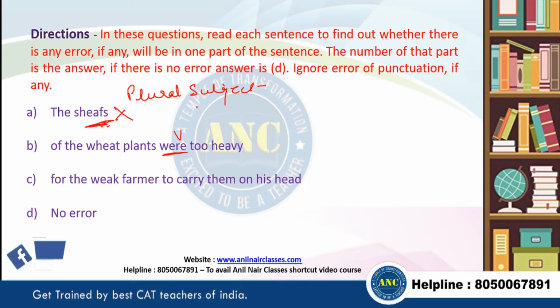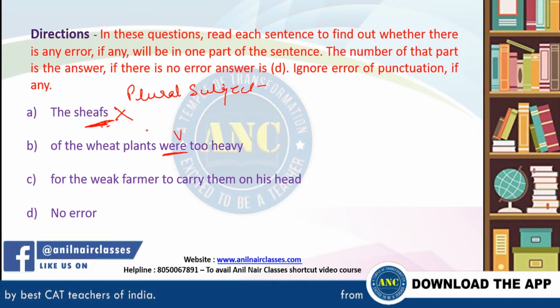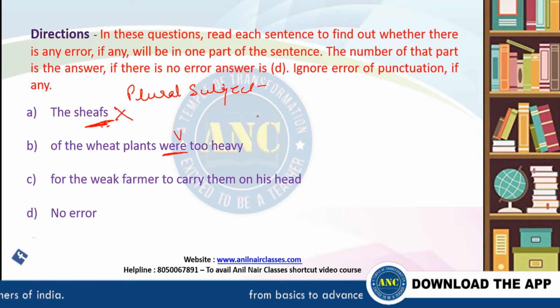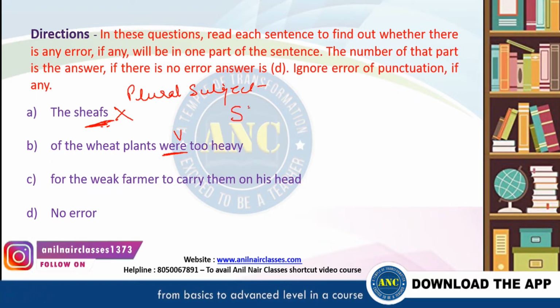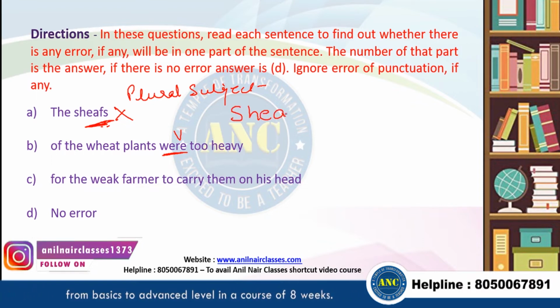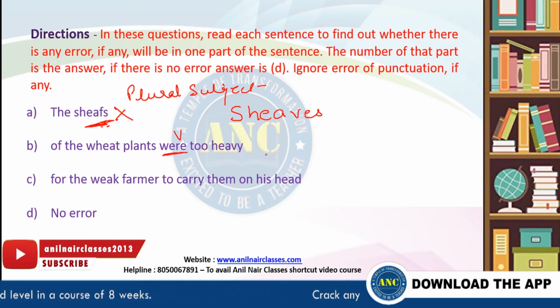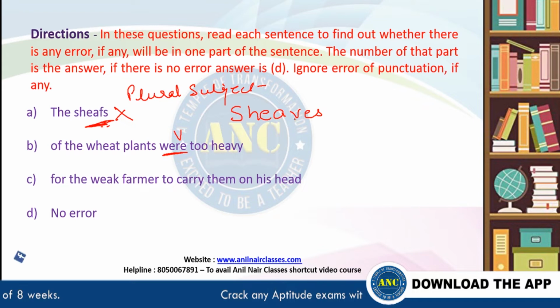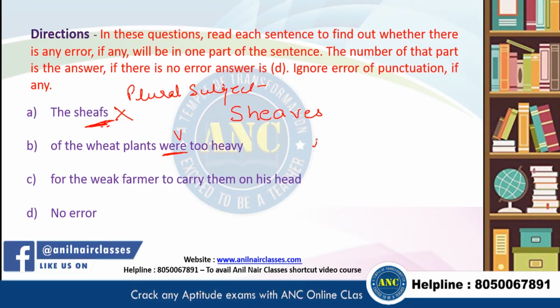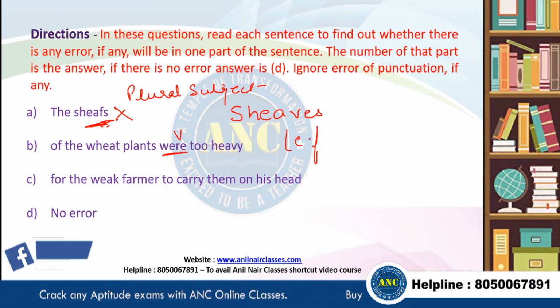If anything is ending with F, what do we make it? To make the plural form, S-H-E-A-F will get removed and we'll have V-E-S, sheaves. That's the correct form. Remember the rule: leaf, L-E-A-F.